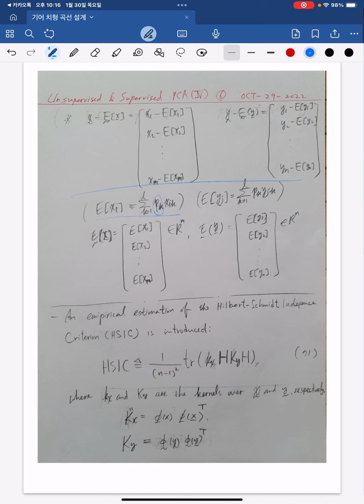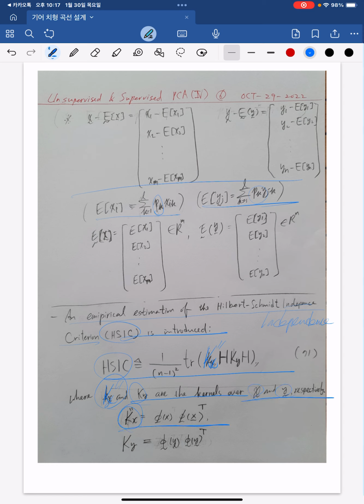So here I put it in terms of probability. The empirical estimation of the Hilbert-Schmidt independence criterion, HSIC, is introduced. HSIC is the trace of large KX2 prime, large H, KY, and H. Large KX2 prime and large KY are kernels over X and Y respectively.